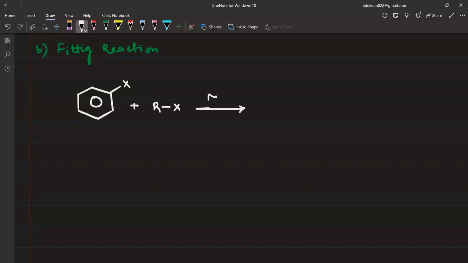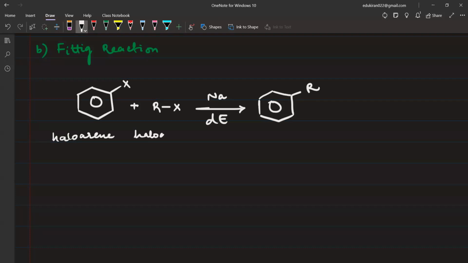We treat this in the presence of sodium and dry ether. We will get alkyl benzene. This R group will be attached on benzene. So we have haloarene, this is alkyl halide, and this is alkyl benzene.